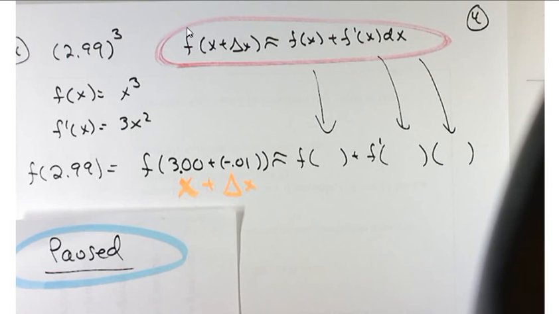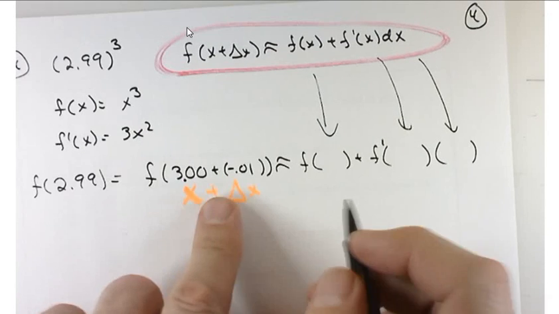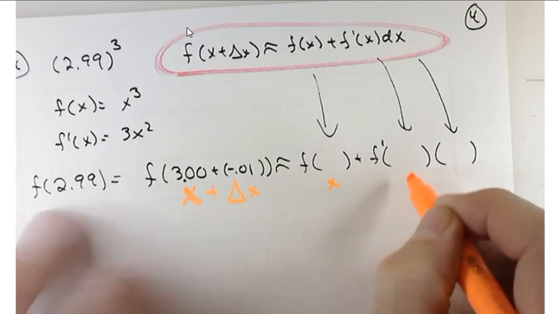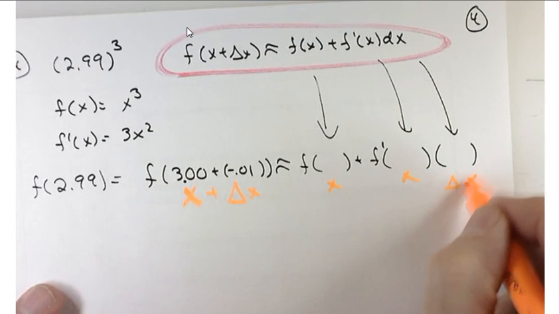Now, the truth is, okay, so let's see how this one works. I need to plug in x into both of these, and then delta x, which of course is your dx here.